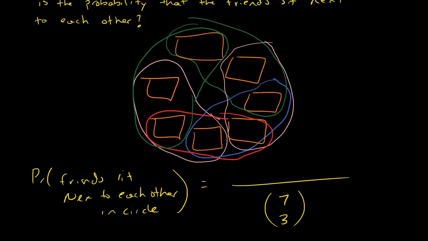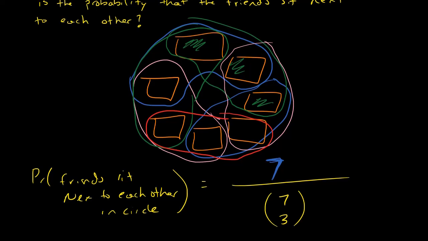So basically every chair gets to be the starting point, and then I get to pick the next 3. That's basically what I just did. So that means that there are 7 total ways I could have made that happen. Every chair was the starting point, so there's 7 total ways that the 3 friends can sit next to each other. They can either start here and select this one, this one, this one.